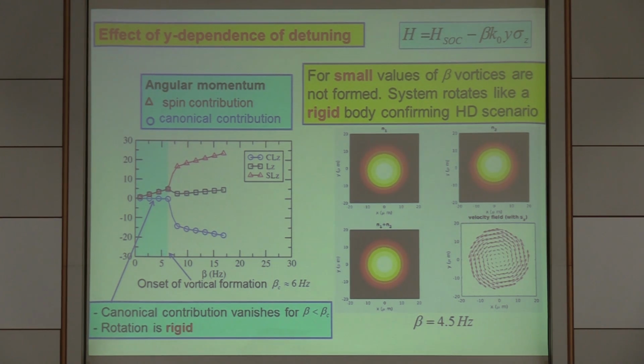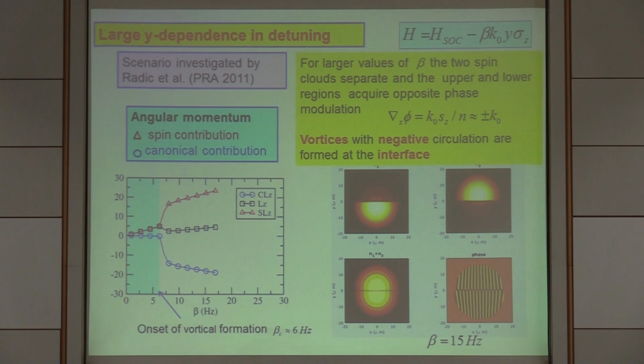When we go to higher angular velocity, we find a different scenario that was investigated, by the way, in this paper that was written by our chairman in collaboration with their collaborators. Victor and Jan wrote this paper in 2011, investigating in a systematic way what is the most efficient way to produce vortices.